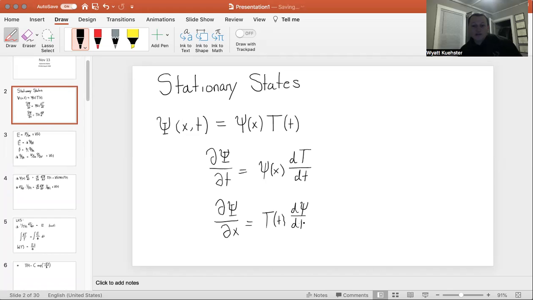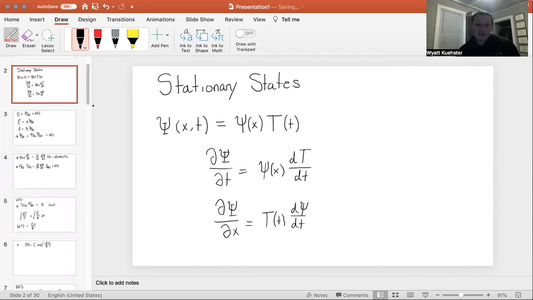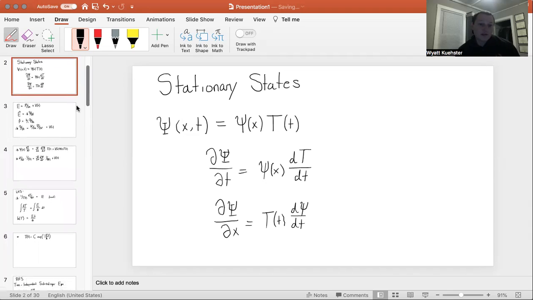So it turns the partial derivatives operating on big psi into total derivatives operating on these single variable functions. So that's one thing it does for us. And we'll see that it actually transforms the Schrodinger equation, which is a PDE of two variables, into two ODEs of one variable. And that's quite nice.